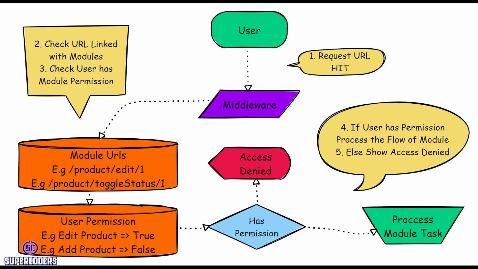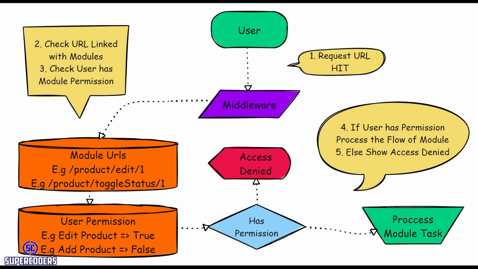For edit products, how many types of URLs come in? We can edit the product by /product/edit. Then we can also change the status by using /product/toggle. So there are two types of URLs for edit product. Similarly, if I want to make changes in edit category, then toggle category, so there are two URLs. So basically, some modules have multiple URLs.